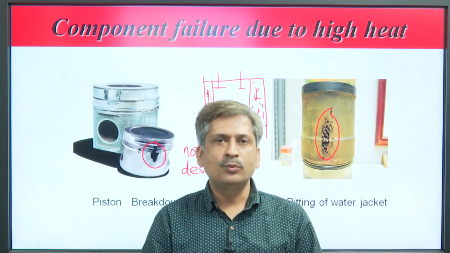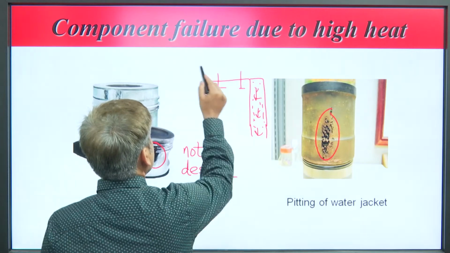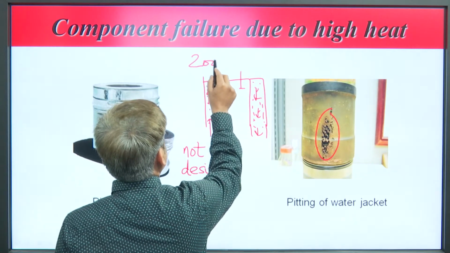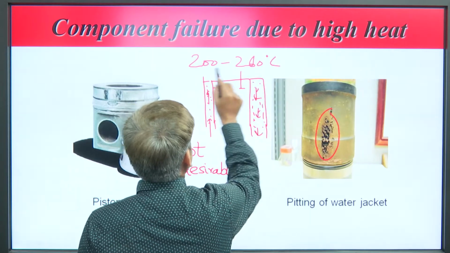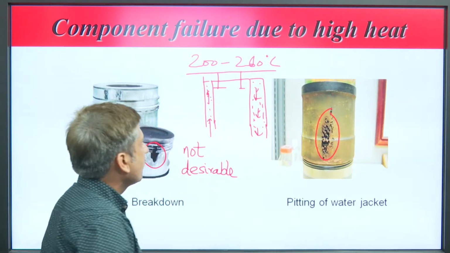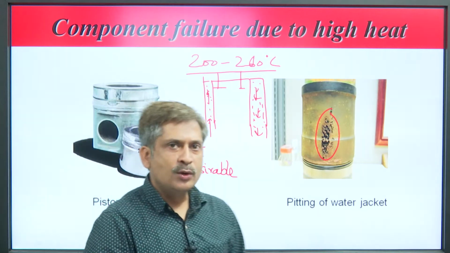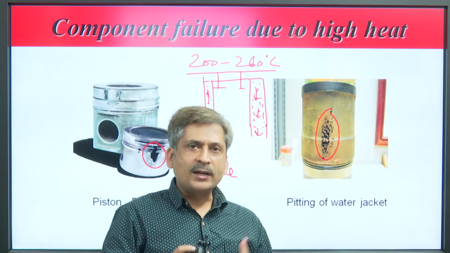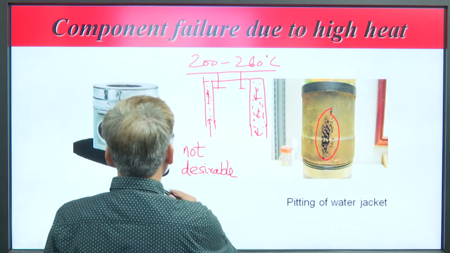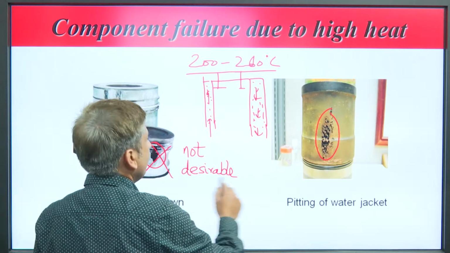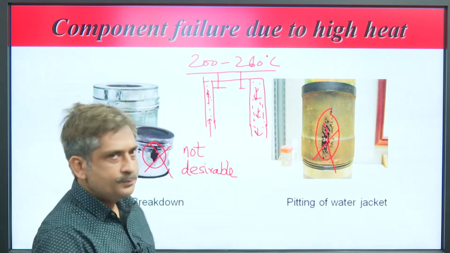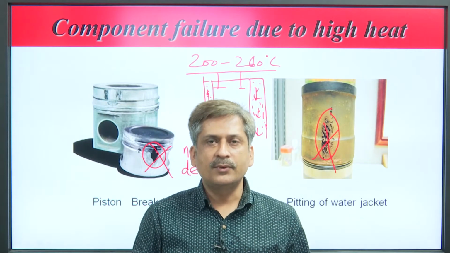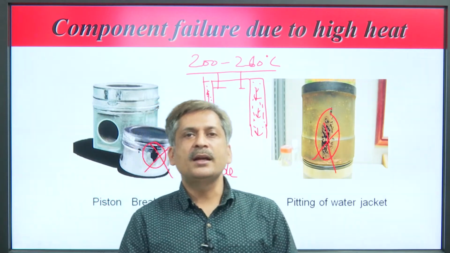We have to cool the cylinder surface within the metallurgical limit, which is 200 to 260 degrees Celsius. If you are not cooling effectively, then these problems arise, and they are not desirable. If it occurs continuously, the engine may seize.